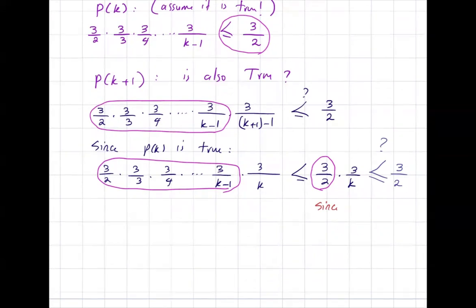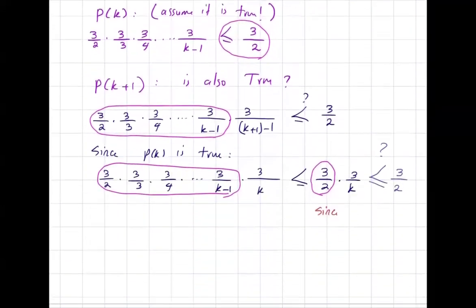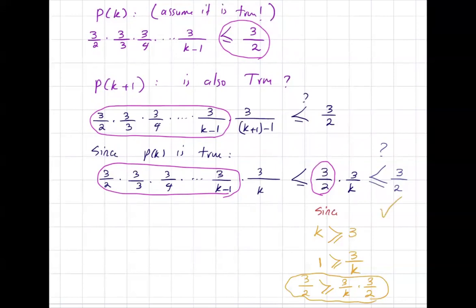Note that the smallest value in our domain, when we went back here, was 3, so k is more than or equal to 3, right? So 3 divided by k is less than or equal to 1. If I multiply both sides by 3 over 2, 3 over k times 3 over 2 is also less than or equal to 3 over 2. So I just proved this part.